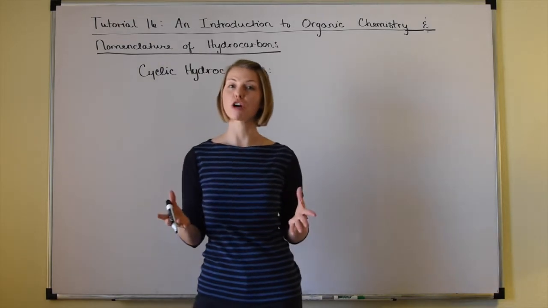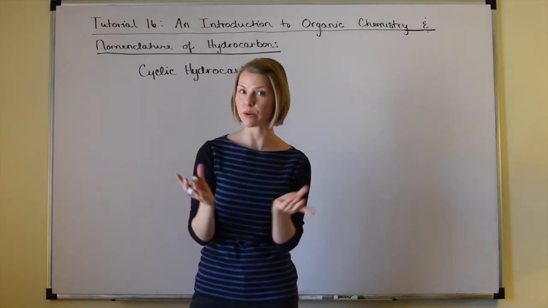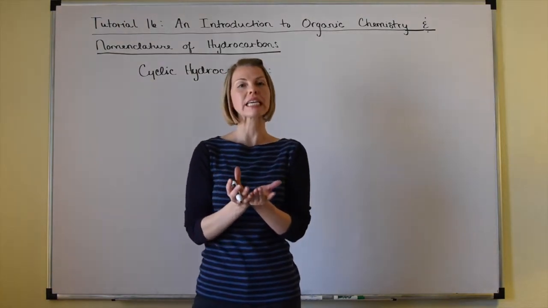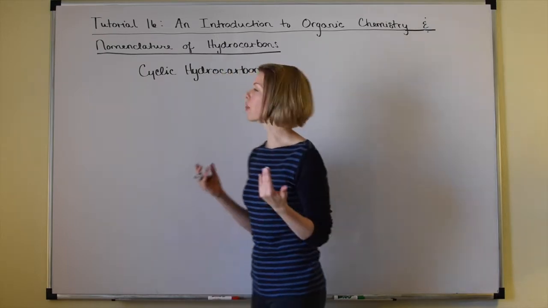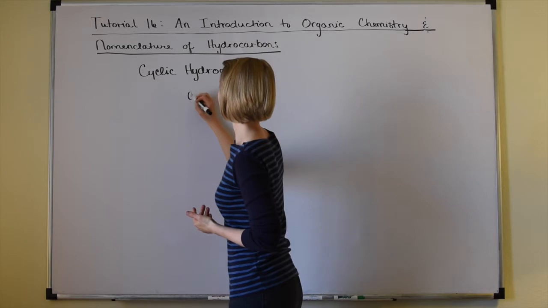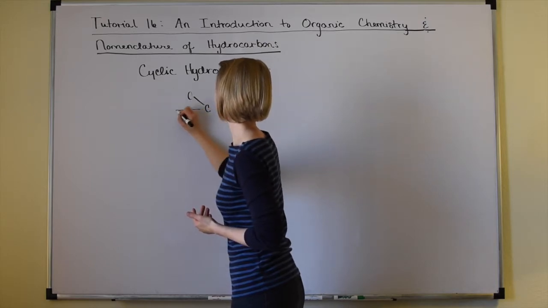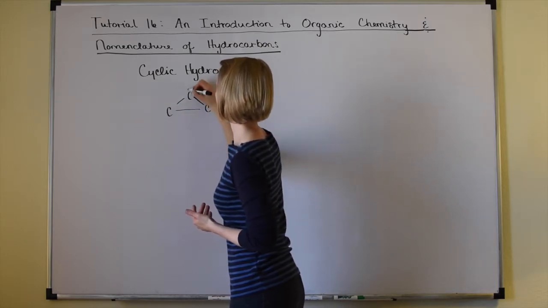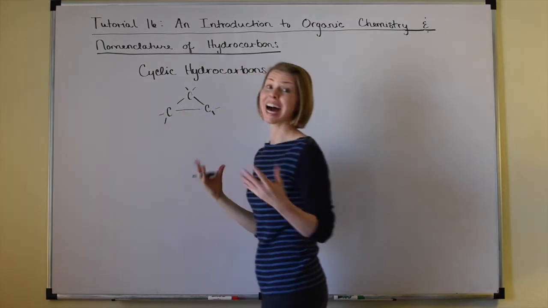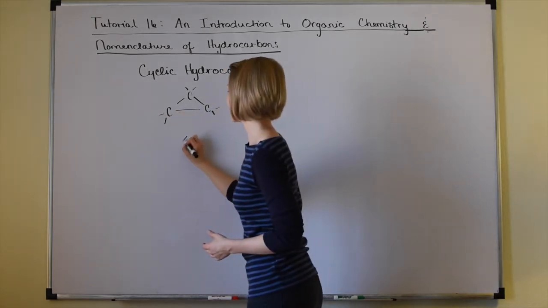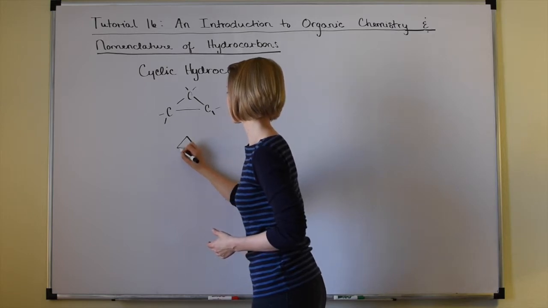3 or more carbons can be connected in a ring structure, making up a cyclic compound. So if we've got 3 carbons connected in a ring, each carbon would have 2 hydrogens. In a line structure, a nice and easy way to draw this is just a little triangle.